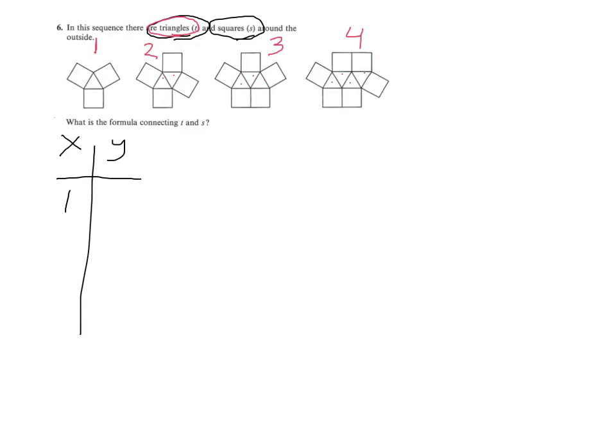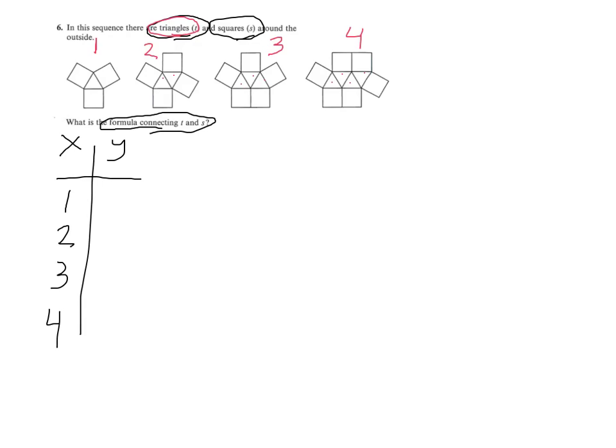You could write this either way, as it just says a formula connecting t and s. It doesn't say the formula for t in terms of s. It just says to connect the two, so honestly, it could be either way.